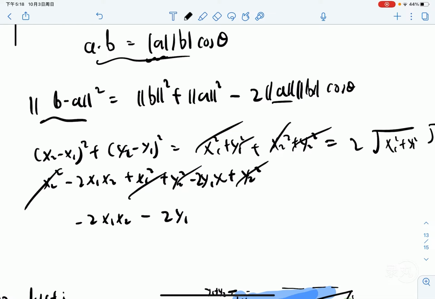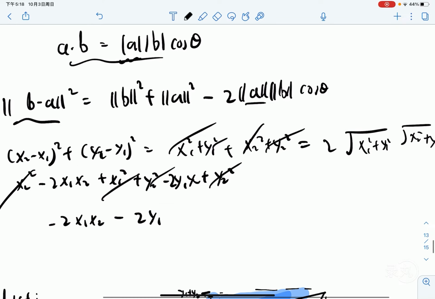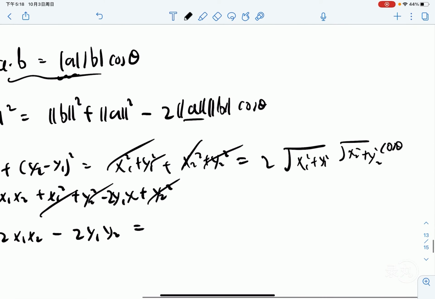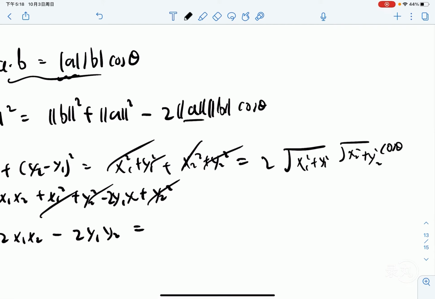Wait, is that correct? Yes, it is correct. Y2, this is going to be minus 2 x1 x2 minus 2 y1 y2 equals minus 2 magnitude a magnitude b cosine theta.